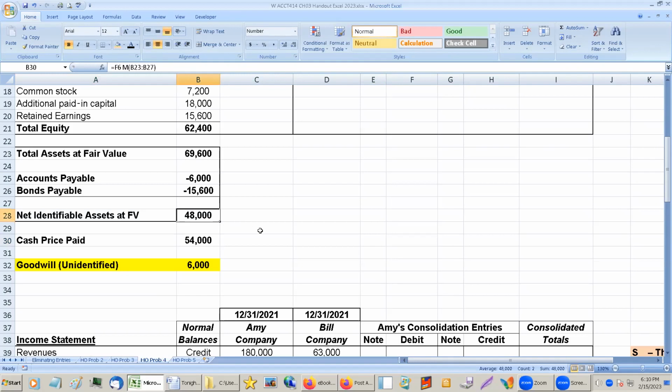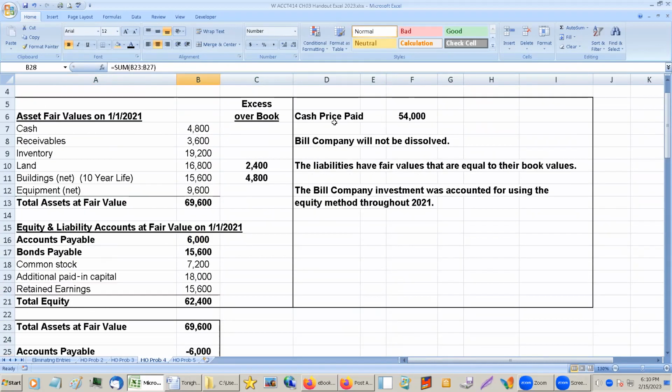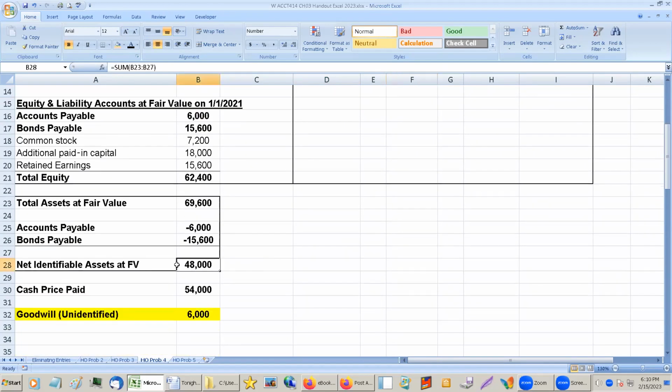But now we paid, all the way up here, we paid 54,000 for it. So this is what we got, the ones we could identify. Our net identifiable assets are fair value of 40,000, but we paid 54,000, so we must have paid extra for something. And that's when it comes down to this goodwill. I see, thank you.